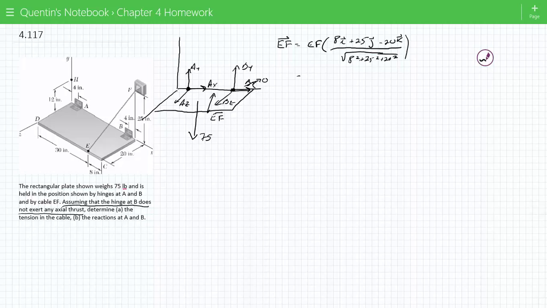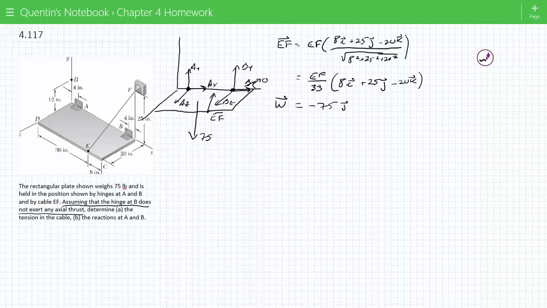So this ends up being EF over 33 times 8I plus 25J minus 20K. And weight, just for clarity, is just minus 75 in the J direction.